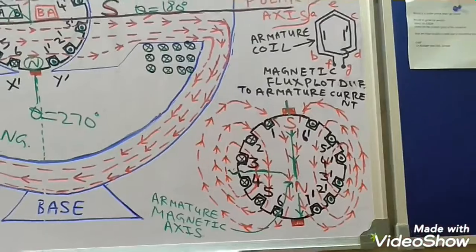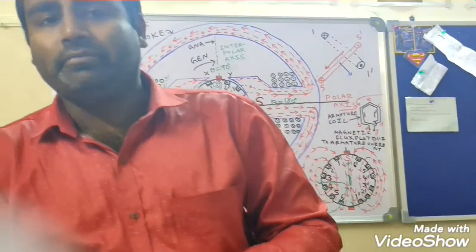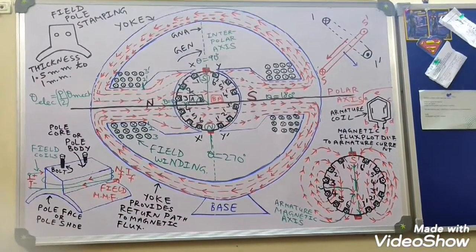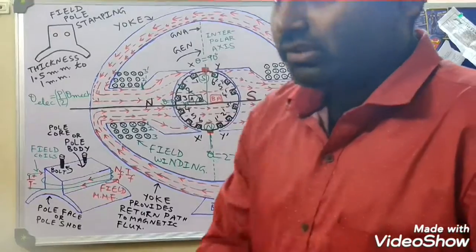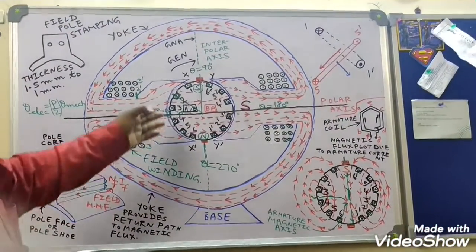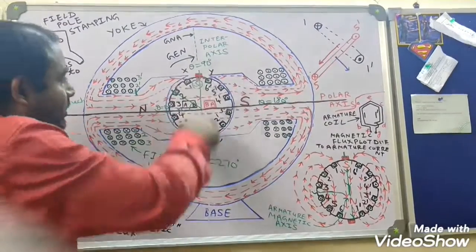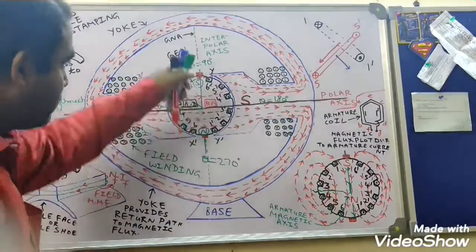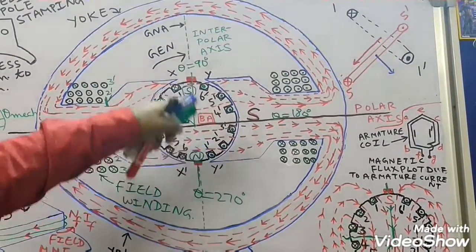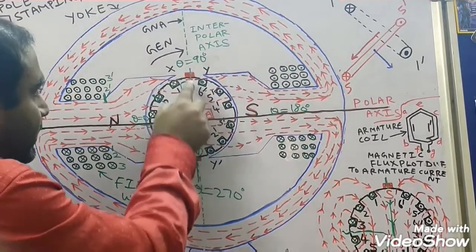Now, how to take the developed view for finding the field MMF distribution? For finding the field MMF distribution, again we have to take the developed view. So what has to be done? We need to see along which portion the field flux is neither leaving nor entering the armature core. Please look at the diagram: at which point are the field lines of flux neither entering nor leaving the armature core? That is along the interpolar axis.